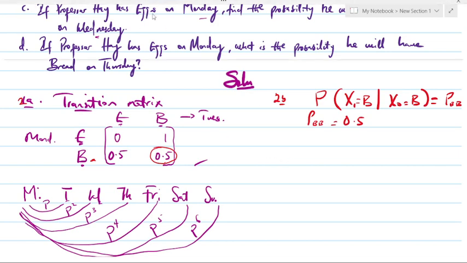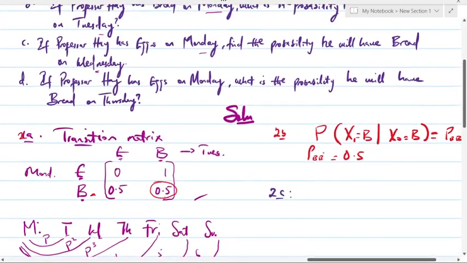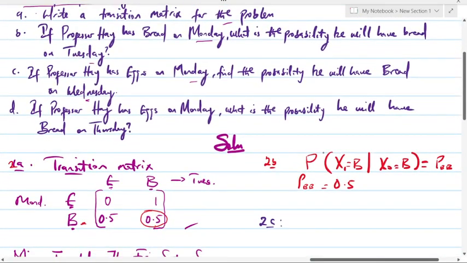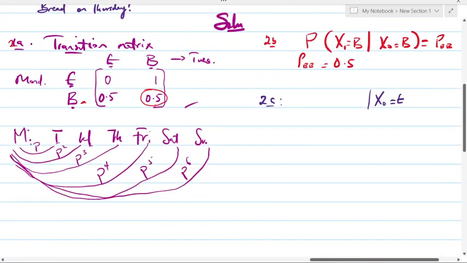Alright, then to C, let's see the next question. If Professor A has egg on Monday, X0 equals egg, then find the probability we have bread on Wednesday. So let's do the counting: Monday, Tuesday, Wednesday. That is X2.